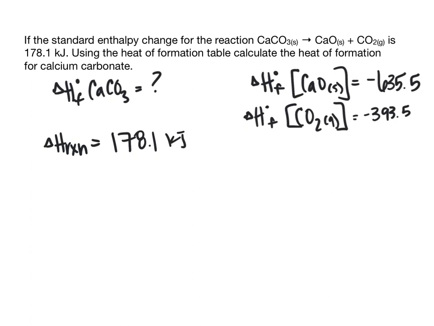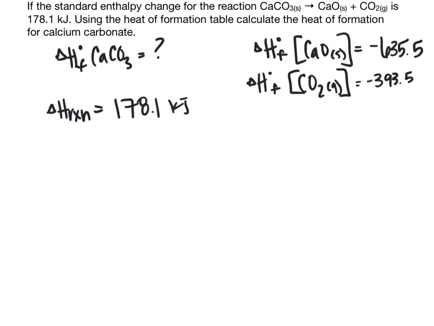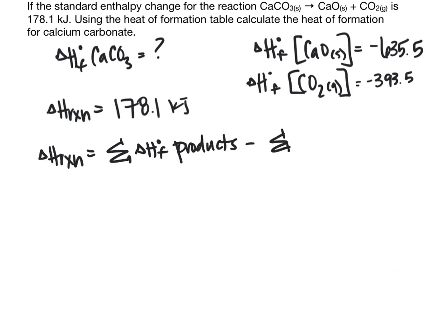So we know that delta H reaction is equal to the sum of the delta H naught F for the products minus delta H naught F of the reactants. So let's start plugging all that in. We have 178.1 equals, in this case, we're going to look at our reaction and our information.